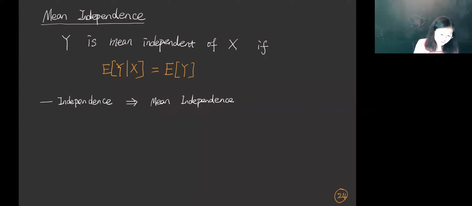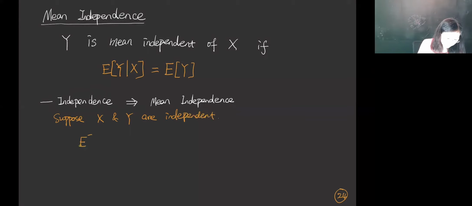So why is this true? Suppose that x and y are independent, then we start with E of y given x. Remember it is a weighted average over y. That's the conditional mean of y, a weighted average of y with the weight given by the conditional PMF of y given x.